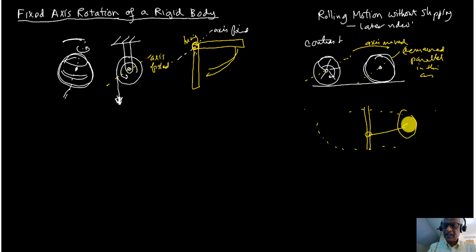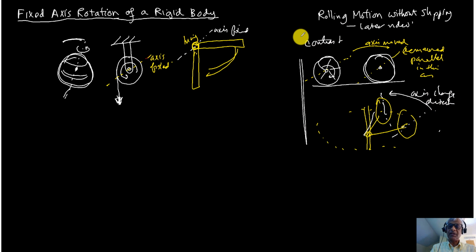The wheel somewhere here is facing that way, and you can see the axis here was that way, the axis here is that way. So the axis is actually changing direction. These problems we are going to address at a later time. These are simple problems where the axis is fixed.